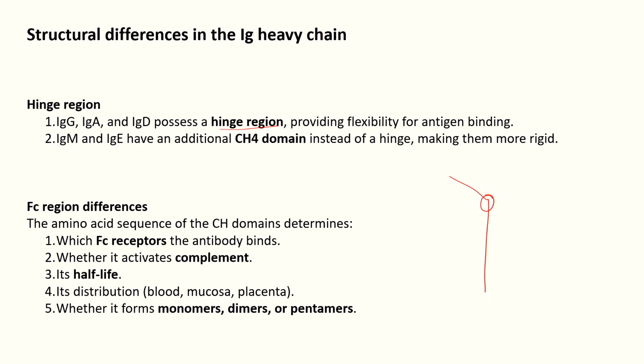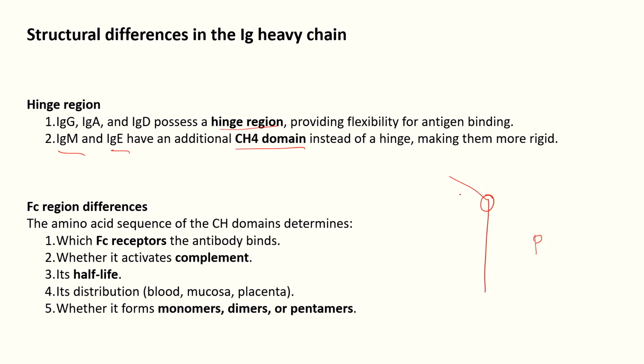And if we analyze the amino acid sequence in the hinge region, we see that the amino acid proline is really rich in that area, because proline can give a kink to the native structure of the protein. While IgM and IgE, so we have 5 different immunoglobulins, out of which 3 have a hinge region that gives flexibility, while IgM and IgE have an additional CH4 domain.